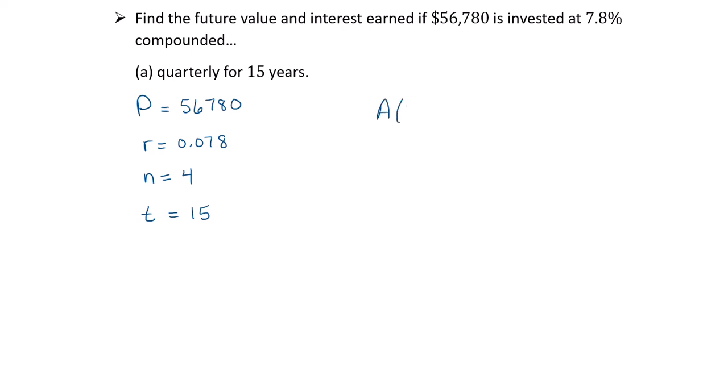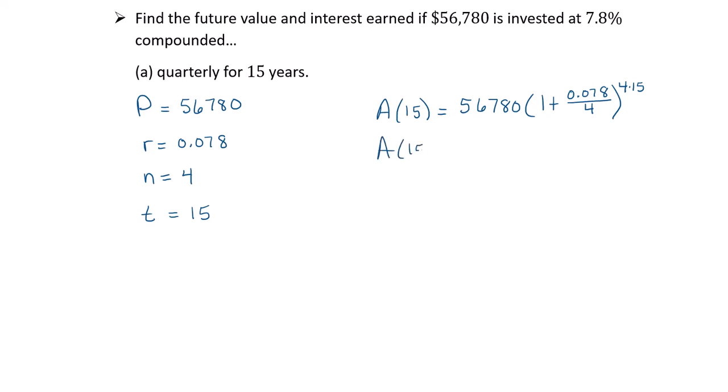So the amount of money in 15 years is figured by 56,780 times 1 plus 0.078 divided by 4 to the 4 times 15.